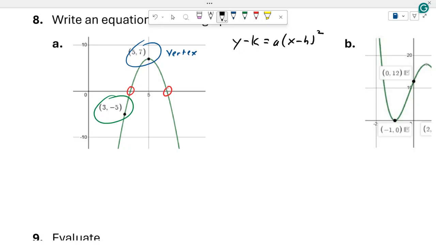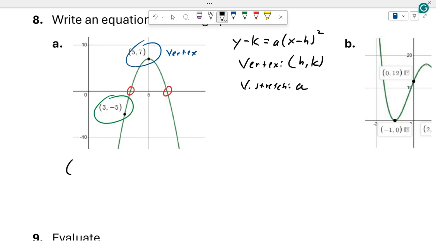In order to really answer this question, what we need is our vertex, so I'll write it over here. The vertex in vertex form is h comma k, right? And then our vertical stretch is our value for a.